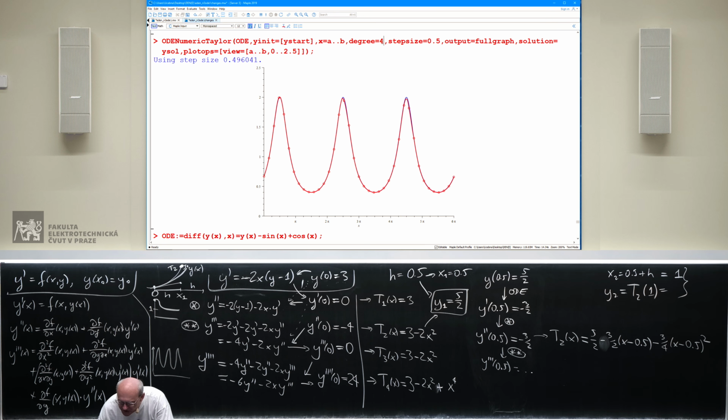Let's go back to degree 2, quadratic Taylor polynomials, and let's try to decrease the step size to 0.1. And again, we are getting a very good match. So it seems that the Taylor polynomial is actually capable of providing better approximations for reasonably large step sizes. And indeed, that's the experience.